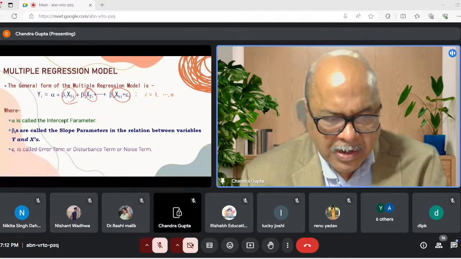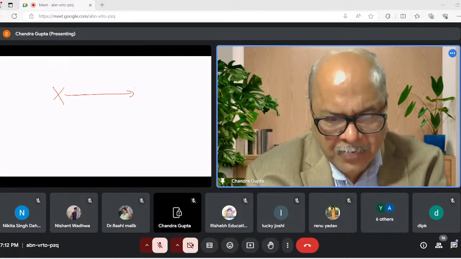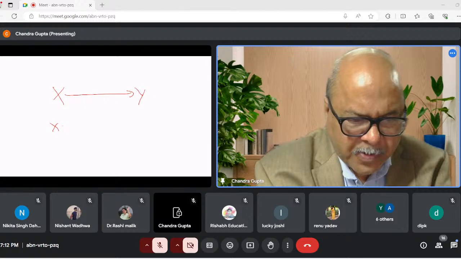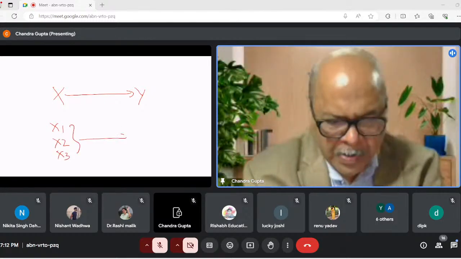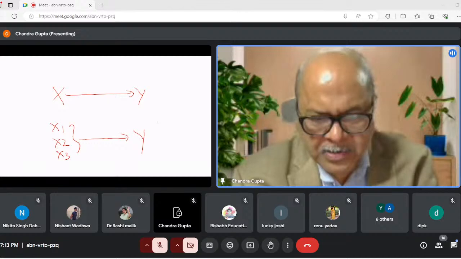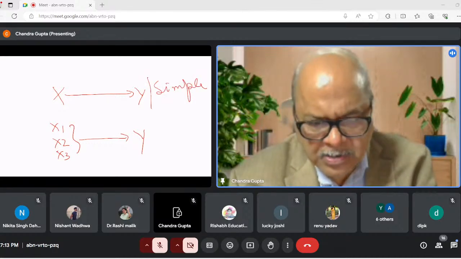In our earlier model, we have one x impacting y. Now we have multiple x impacting y. This is called simple regression model.